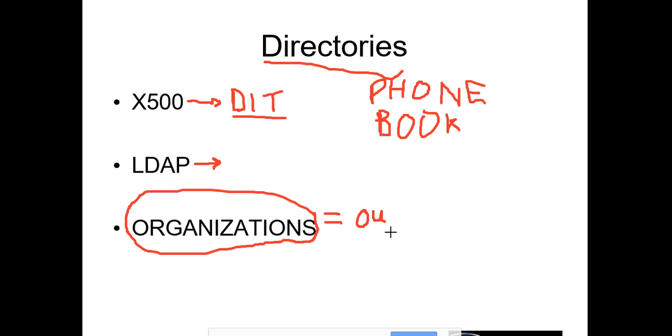These OUs are quite clever in that once the infrastructure is built, you can actually lickety-split look somebody up.